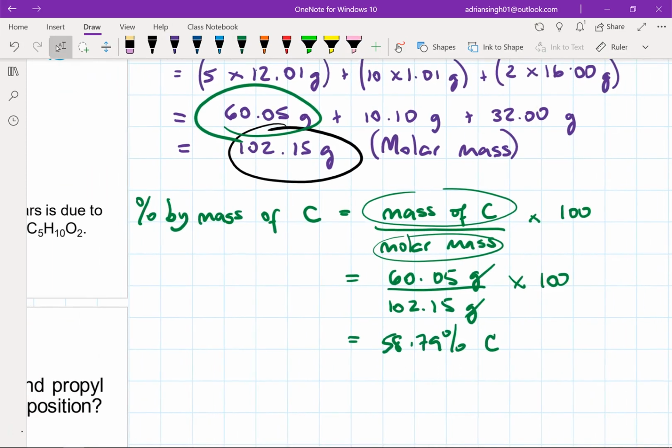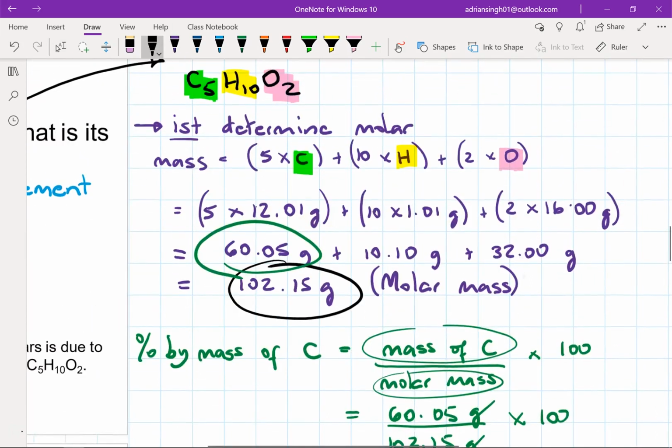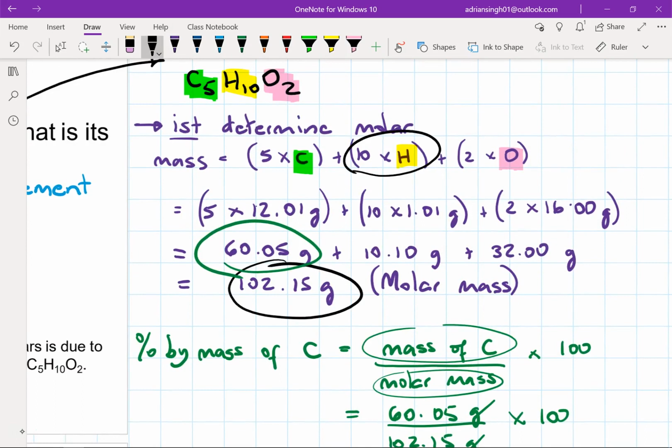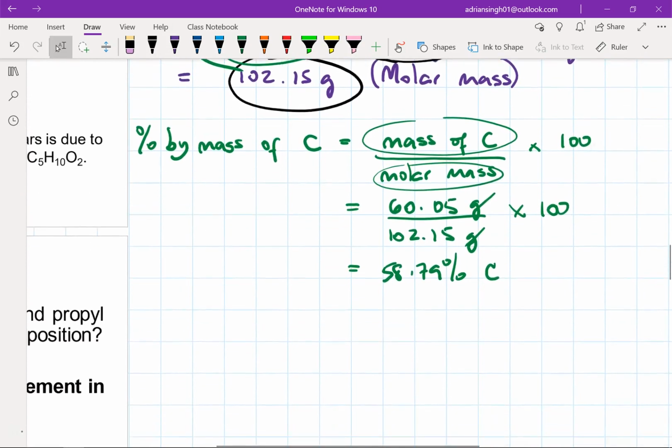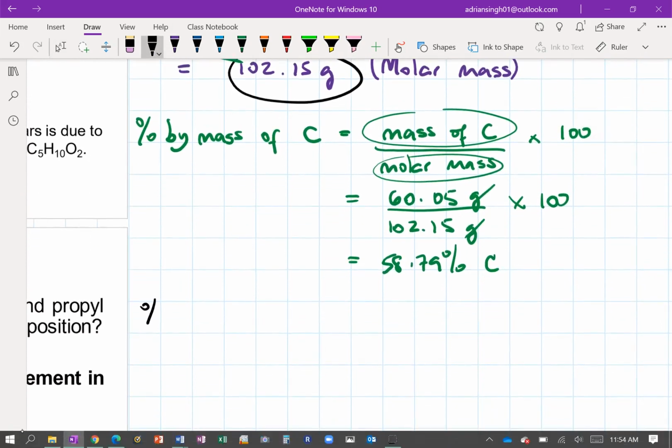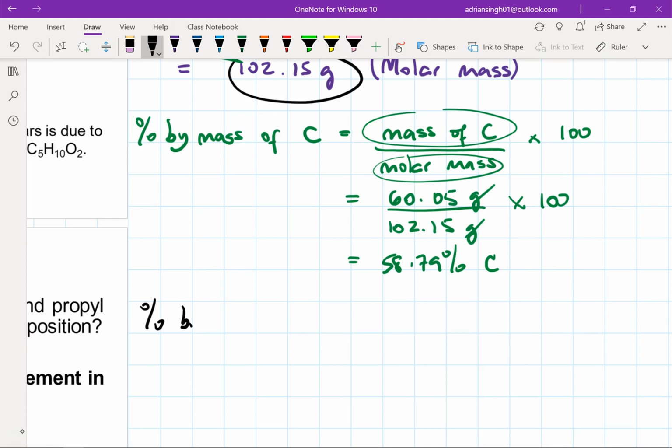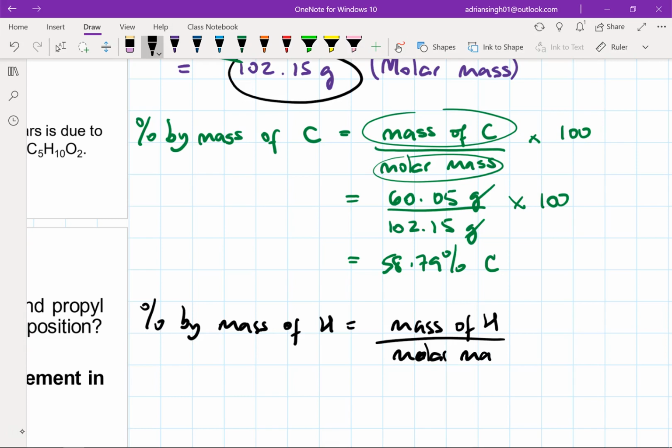And then I'm going to do that for each of the other two elements. The second one was the hydrogen, and we calculated the mass of the hydrogen in 1 mole of this compound as 10.10 grams. So the percent by mass of hydrogen is the mass of the hydrogen divided by the molar mass times 100.